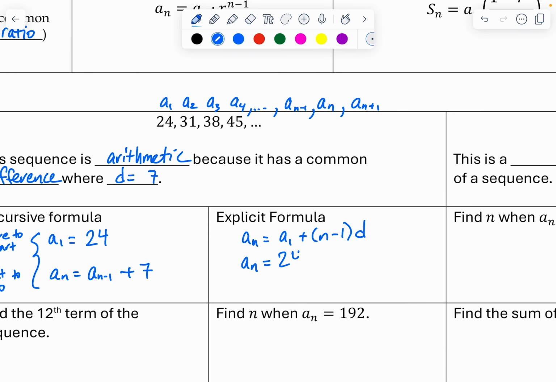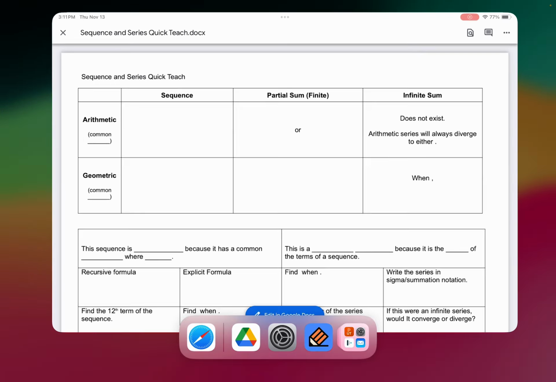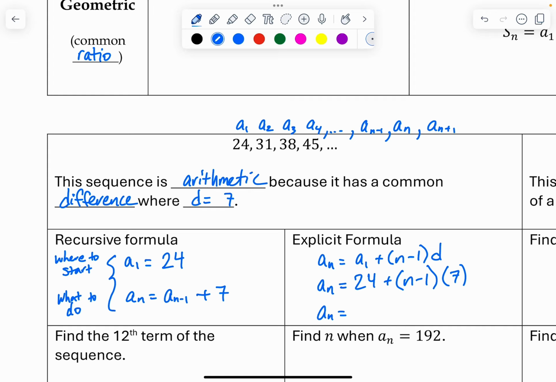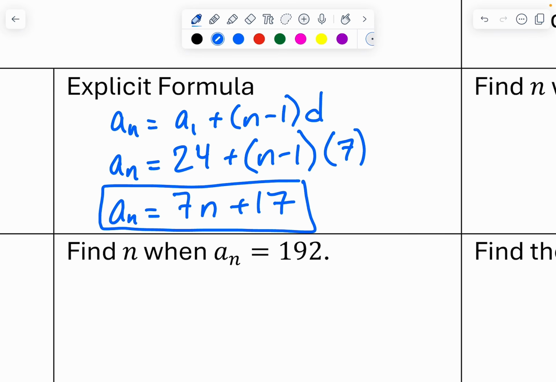The first term was 24 plus n minus 1, and our common difference is 7. We can clean this up a little bit. And we have 7n. I see a minus 7, so 24 minus 7 is 17. And this is our explicit formula.